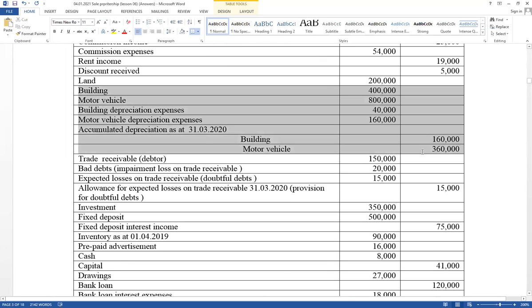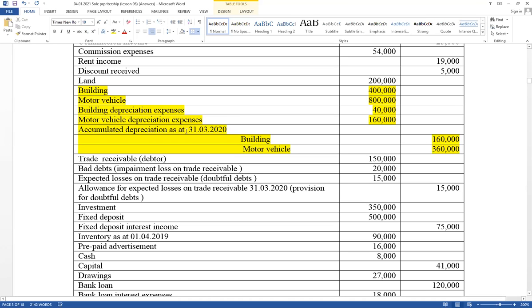Think about this area. Building available, motor vehicle available, and building depreciation expense account available, motor vehicle depreciation expense available, annual depreciation recorded, and accumulated depreciation given as the closing balance. Closing balance. Annual depreciation recorded here.